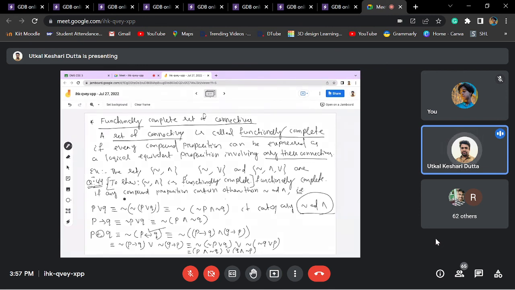These connectives may be disjunction, conditional, exclusive, or biconditional. Then we can replace them as follows.